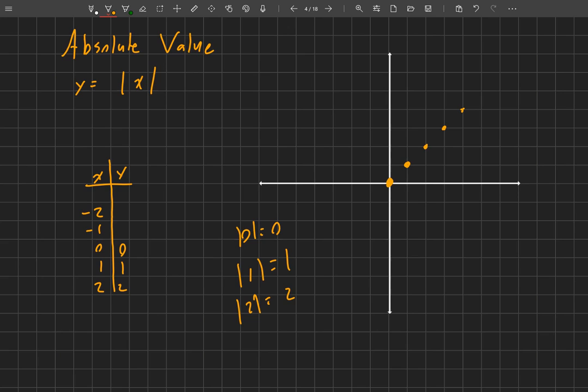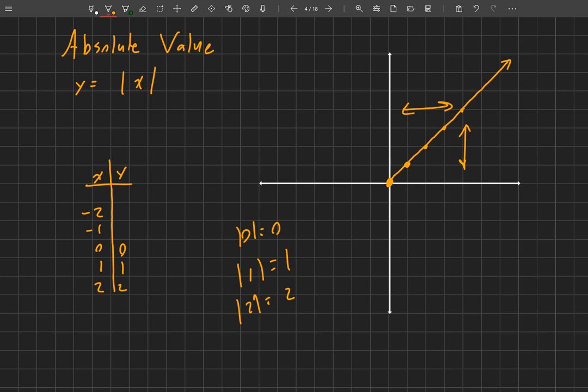Whatever the distance to the side is going to be the same distance up. And when you do something like that, you get this nice 45-degree angle, where the distance here is the same distance here, right? Whatever number you put into the equation is going to be the number that comes out of the equation. That's why it looks like that. Kind of cool if you think about it that way.